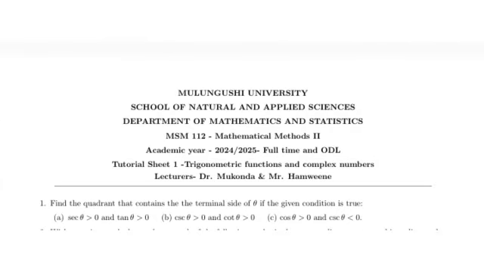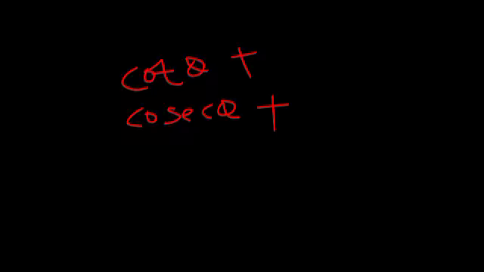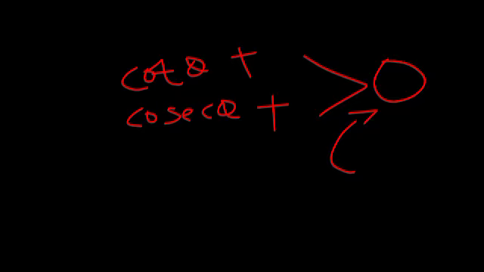So cot theta and cosec theta are all positive. Greater than 0 means they are all positive. Okay, now let us see in which quadrant these are positive.